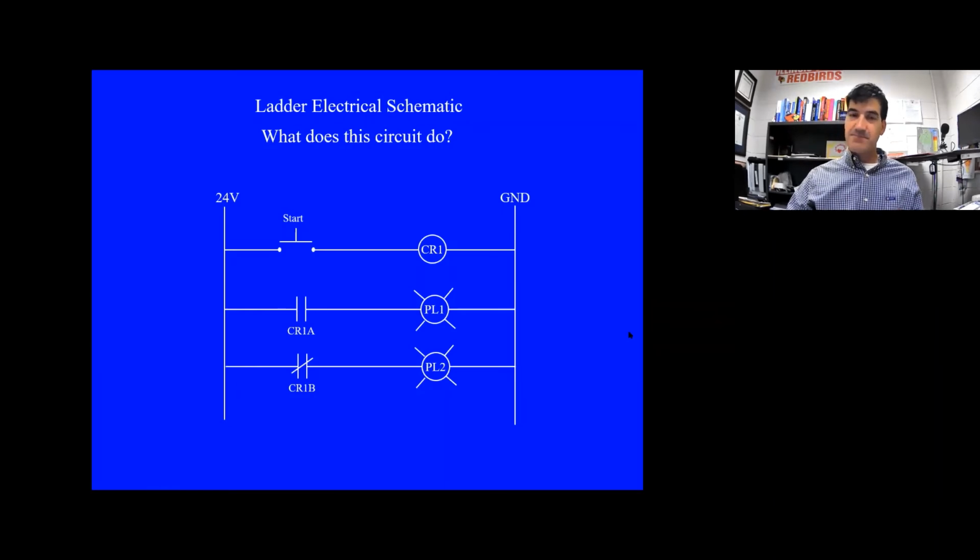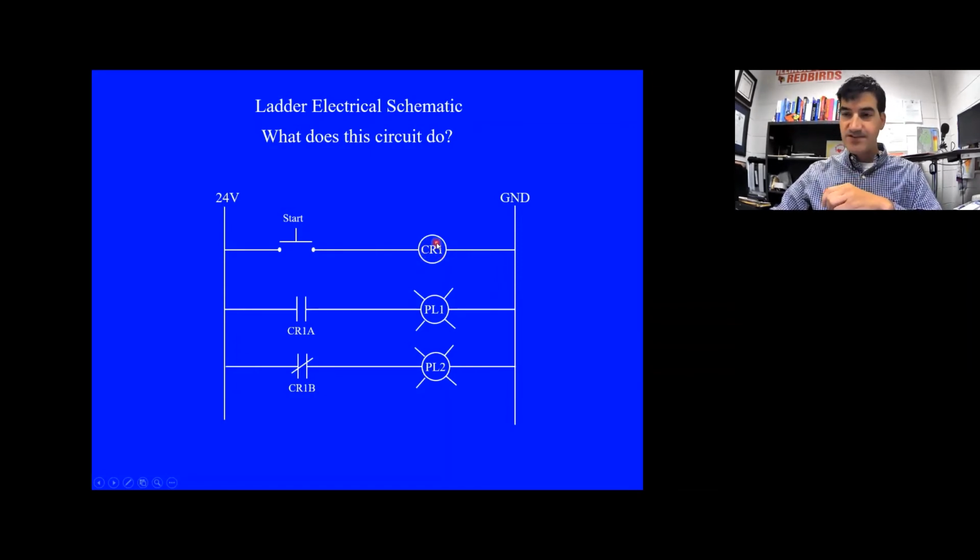Okay, so what's going to happen when you press this normally open start push button is you're going to have continuity through that push button once you press it. And then you will energize the coil of CR1, that's control relay 1.